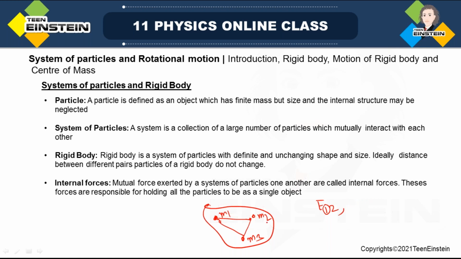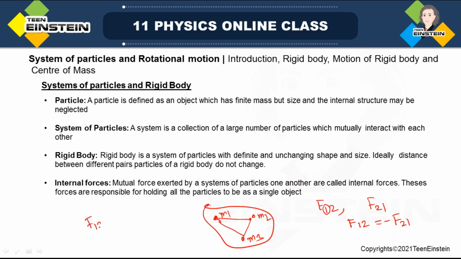At the same time, mass M2 will be giving a force to the particle of mass M1 as F21, the force exerted by particle 2 on 1. These forces are called mutual forces, and they are equal in magnitude, and the direction will be exactly opposite.